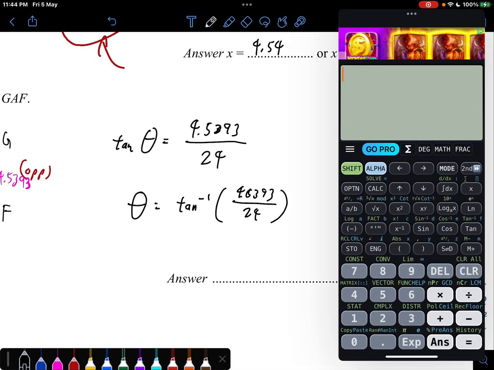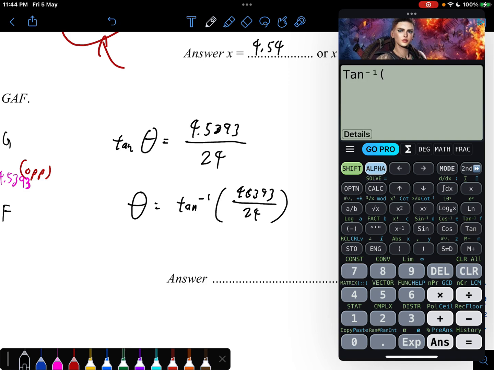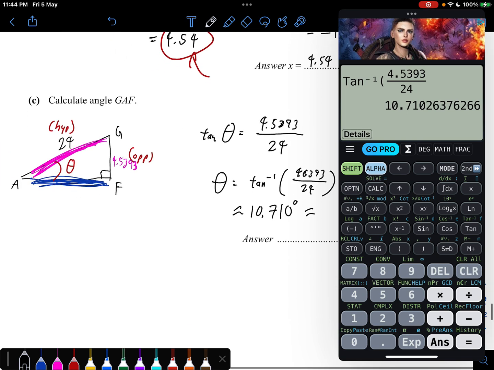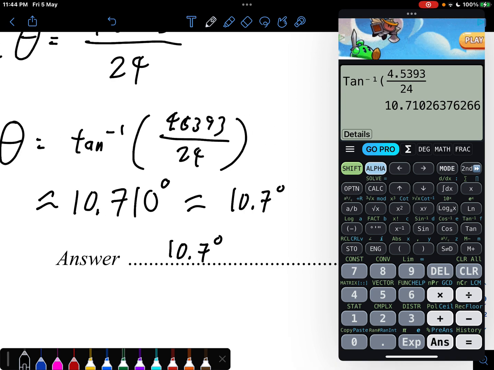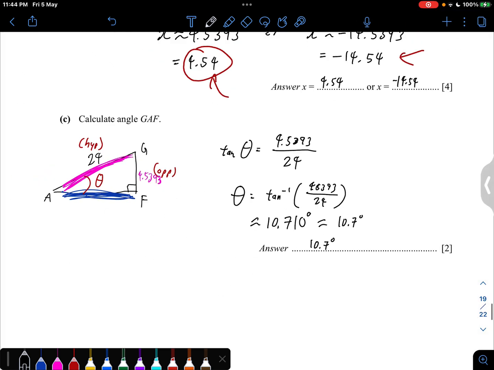So tangent inverse, shift this guy, fraction 4.5393 divided by 24. You end up with, I'm in degree mode, 10.710 degrees. Round off to, let's say, 3SF, 10.7 degrees. Okay, so 10.7 degrees. Answer. And we are done.